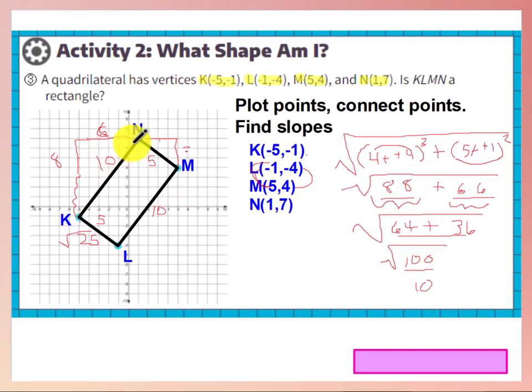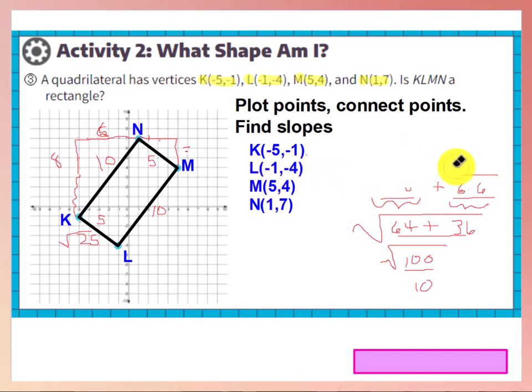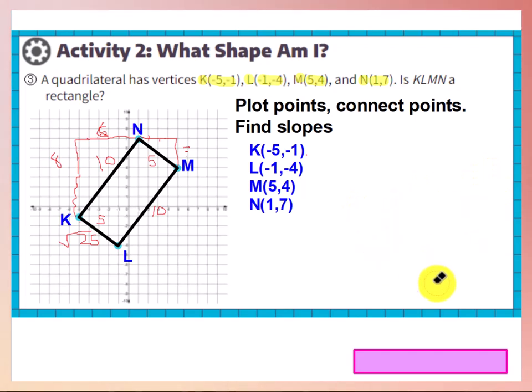Alright, we found the distance of each side, so opposite sides are congruent. Now we need to find the slope of each side. Slope is change in y over change in x. Let's use some organization here, that's why I stack them. Let's go from K to N. I'm going to look at this side first.